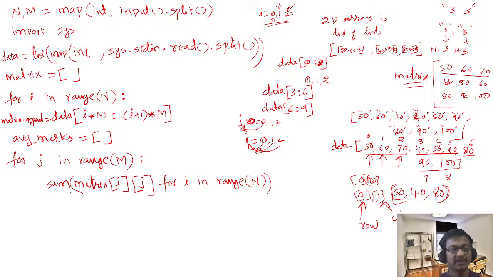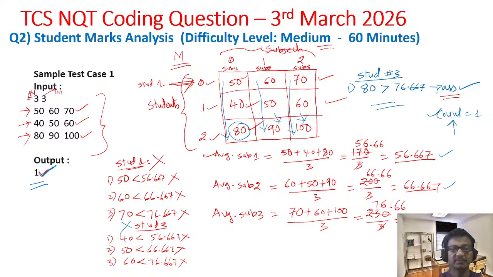Instead of taking another variable called sum is equal to sum plus 50 plus 40 plus 80, adding them, you just call the function sum, and it sums all the values. Then you store this in a variable called subject sum. So now you got the first subject sum value.